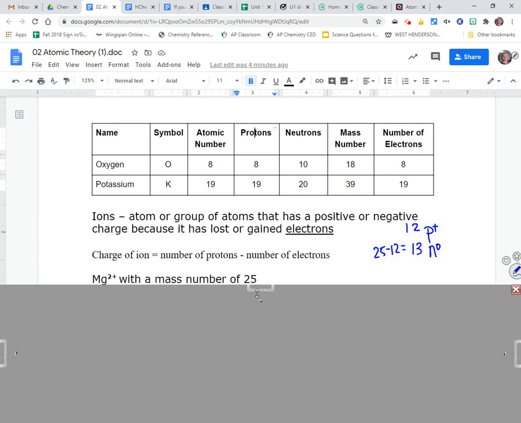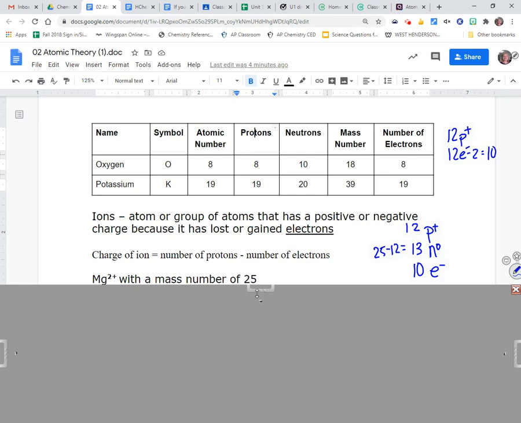Then if I want to know how many electrons, well, it is positive. That means I have lost 2 electrons. If it were electrically neutral, I'd have 12 protons, 12 electrons. I've lost 2 electrons from that neutral point, so I have 10 electrons for that one.